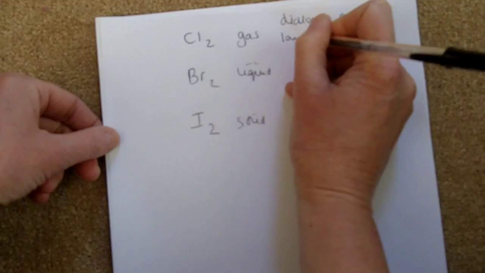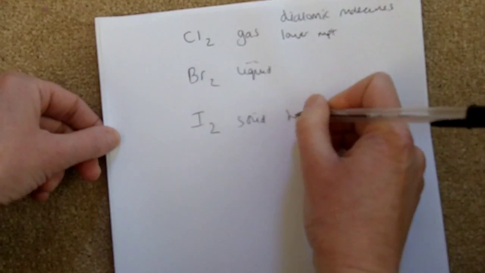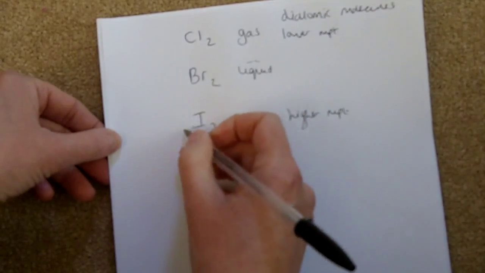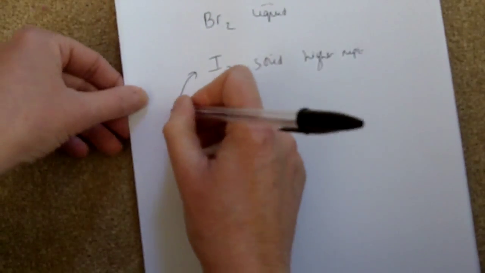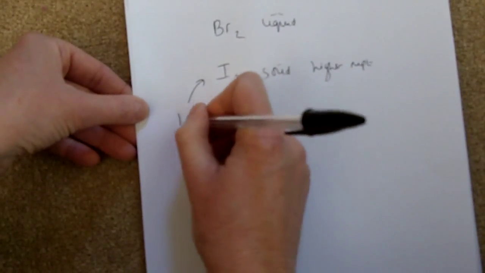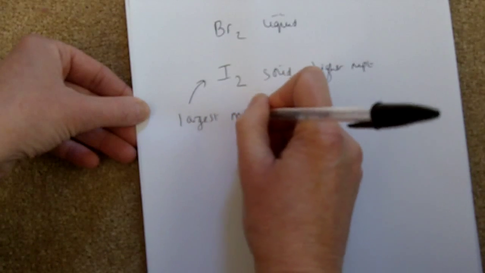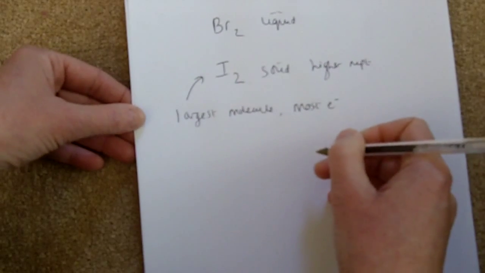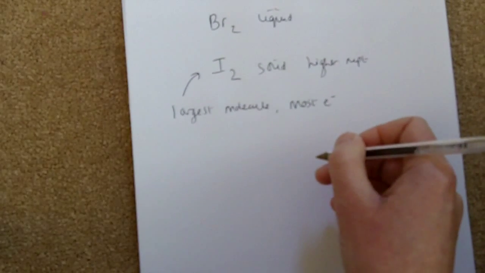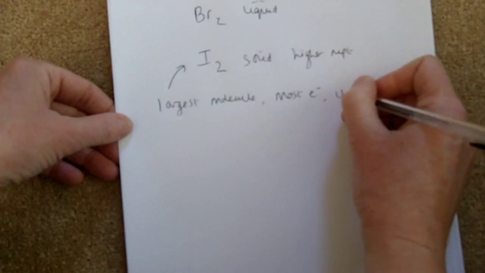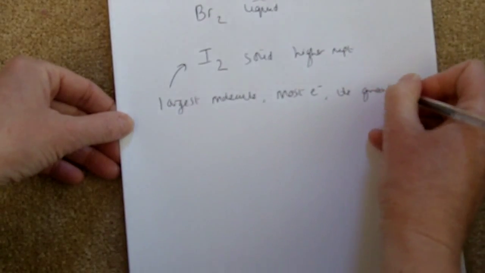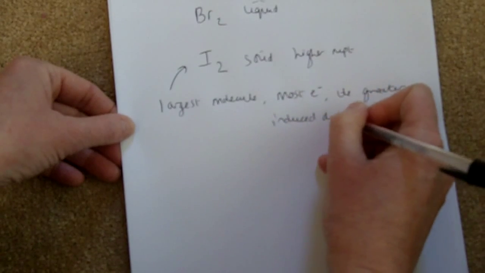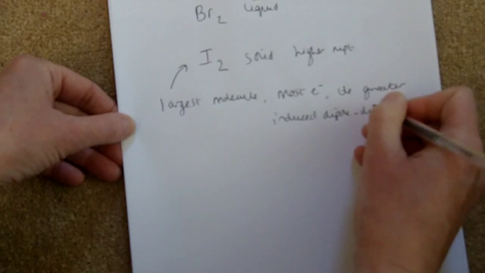So chlorine has the lower melting point and iodine has the higher melting point. And the reason is because iodine is the largest of these three molecules, has the most electrons, and therefore has the greater induced dipole to dipole interactions.